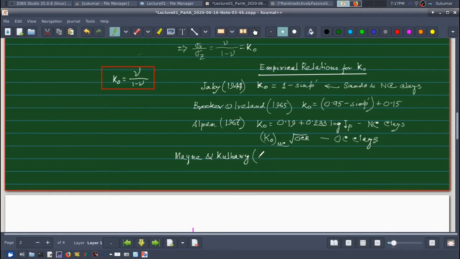In 1982, they gave the equation as K0 equal to (1 minus sine phi) into OCR to the power sine phi.